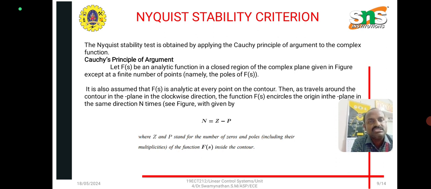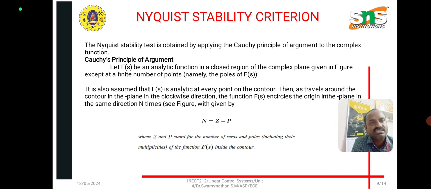And again, Cauchy's principle of argument: f of s is an analytic function on a closed region of the complex plane in the given figure, except at a finite number of points, namely the poles of f of s. So N is equal to Z minus P, that is the condition.